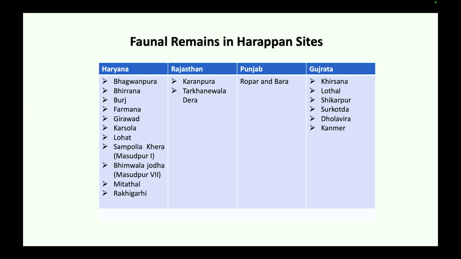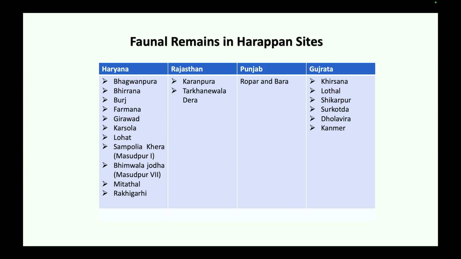In Haryana, several sites are excavated and surveyed, for example Bhagwanpura, Bhirrana, Burj, Farmana, Girawad, Karsola, Lohat, Sampolia Khera, which is also called Masudpur 1, Bhimwala Joda, Masudpur 7, Mitathal, and Rakhigarhi. These are the important sites of Haryana in the Harappan context.